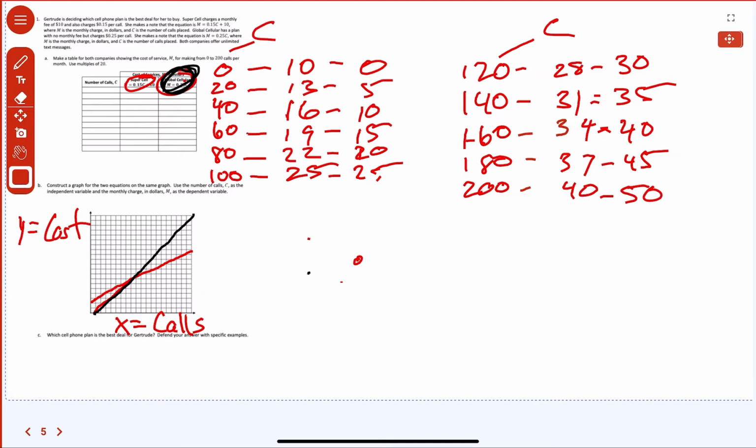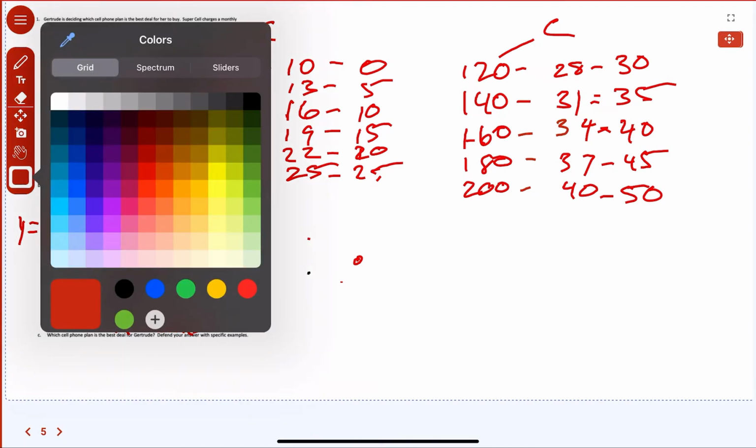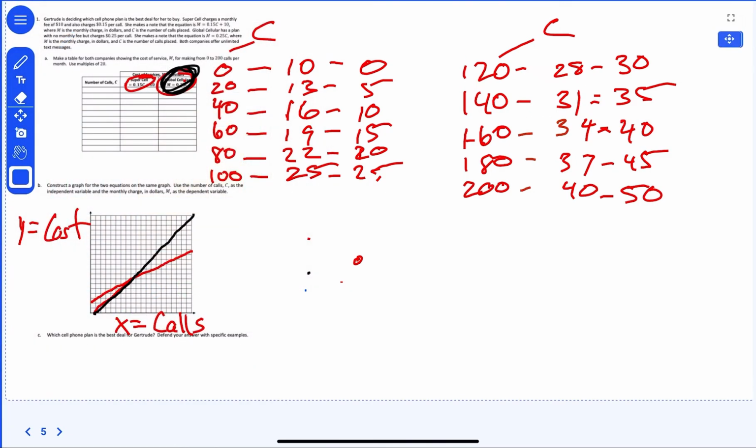You want to plot it on the same one so you can see which one's better. If you plot it like I did, you can tell that if you're not going to make that many phone calls, then you would want to. So at this point right here, where do they cross?